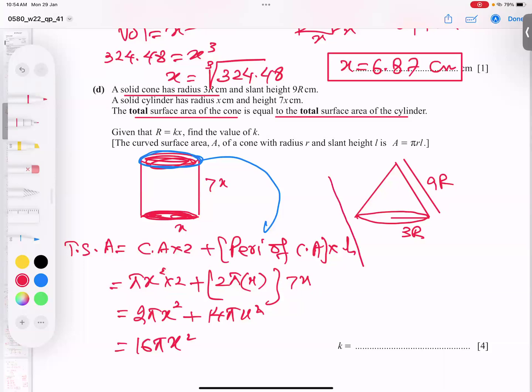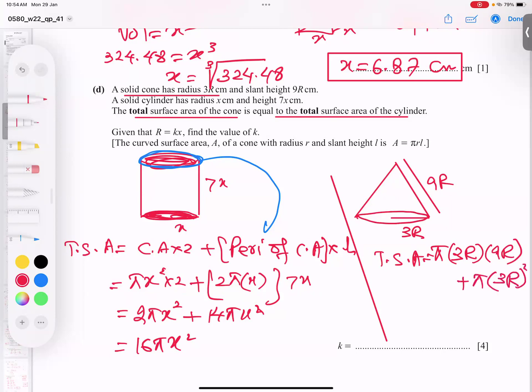So let's talk about the TSA of the solid cone. What is the TSA of the solid cone? The curved area is equal to pi r l, plus the bottom area of the circle, that is pi r square.